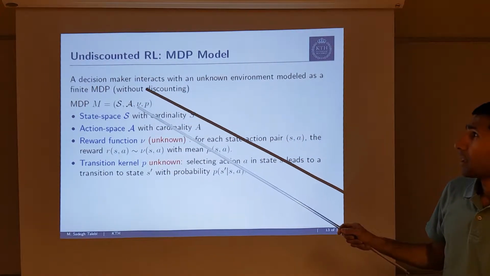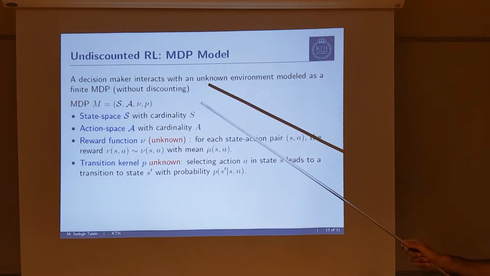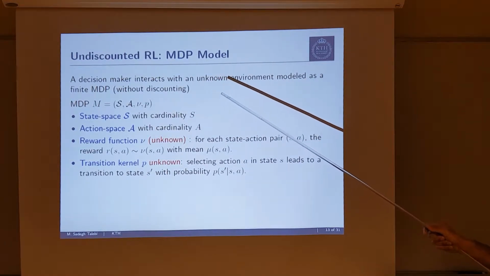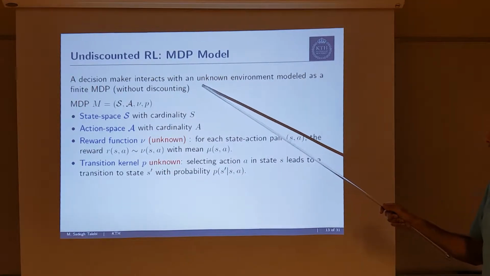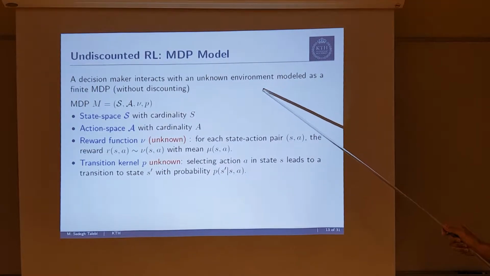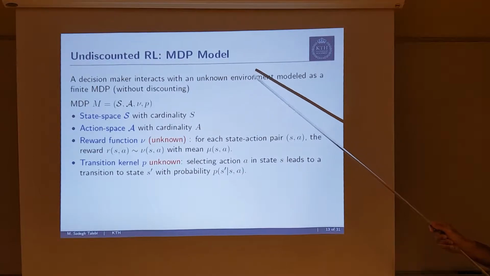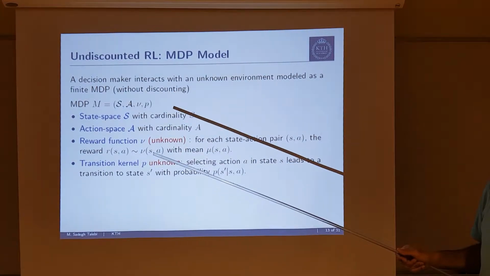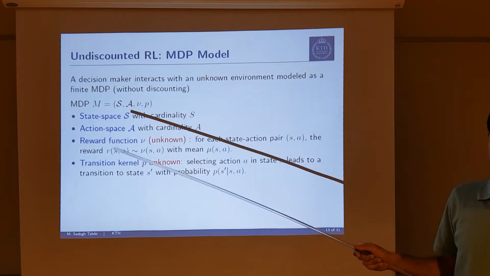We have a decision maker that interacts with an unknown environment, and we make precise what we mean by unknown. The environment can be modeled as a finite Markov decision process without any discount.